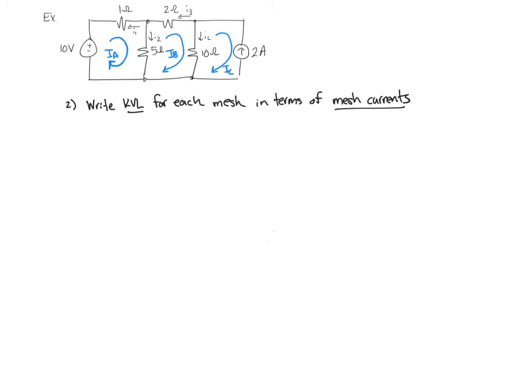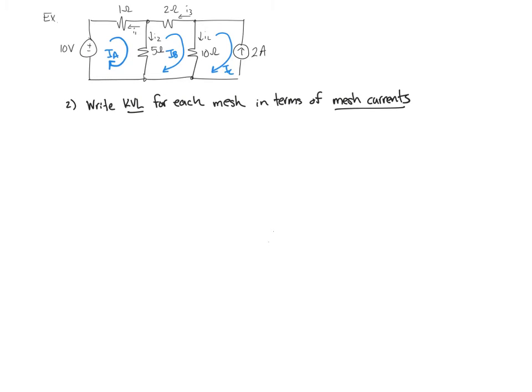Okay, so after we've defined the mesh currents, IA, IB, and IC, we are going to write KVL expressions. These are Kirchhoff's voltage law expressions, the sum of the voltages around the loops, and we do so for each mesh. However, we're going to do so in terms of the mesh currents that we've defined, not the voltages across each element.